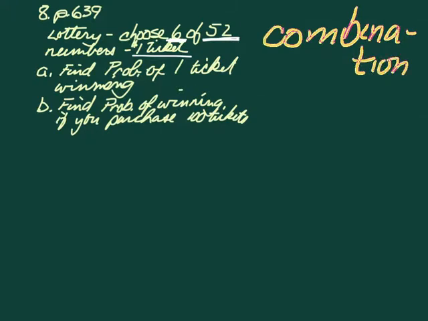And so what we want to do is find the total number of possible 6 ticket combinations there are. And to do that first, that's just a combination of 52 items, and we choose 6. And so I'm just going to leave that like that. We can turn this into a calculator problem in a moment.